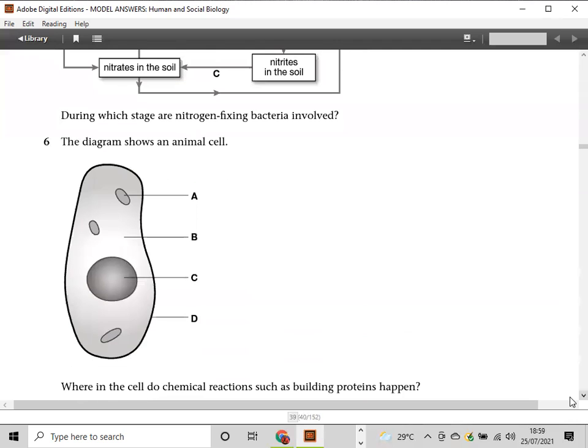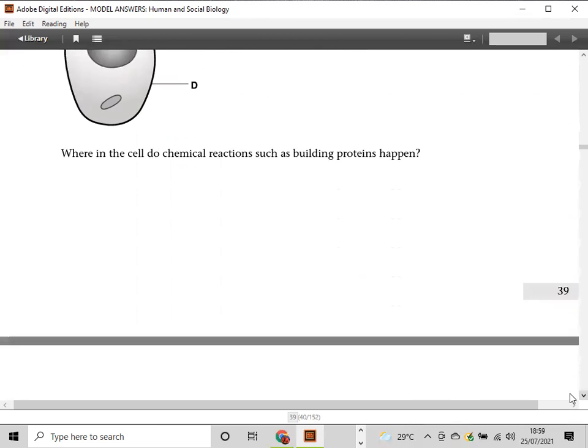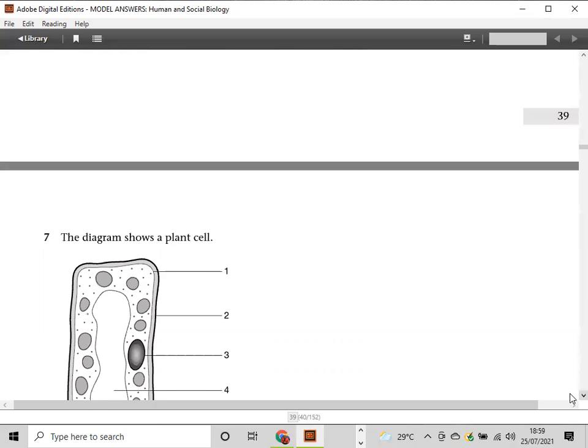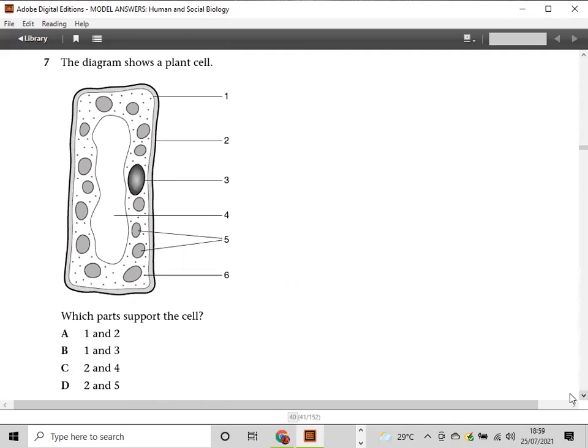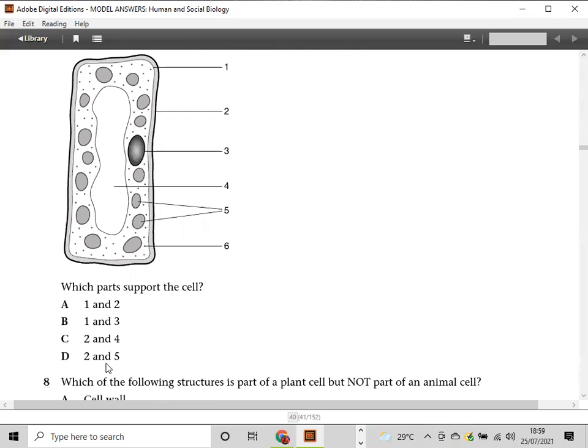The diagram shows an animal cell where the reaction to build proteins happens. So number 6 is B. Number 7. The diagram shows a plant cell, and which parts support the cell, and that is C, 2 and 4.